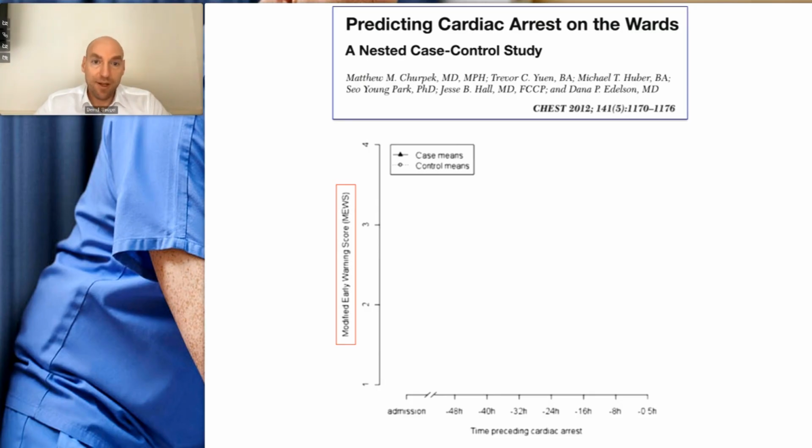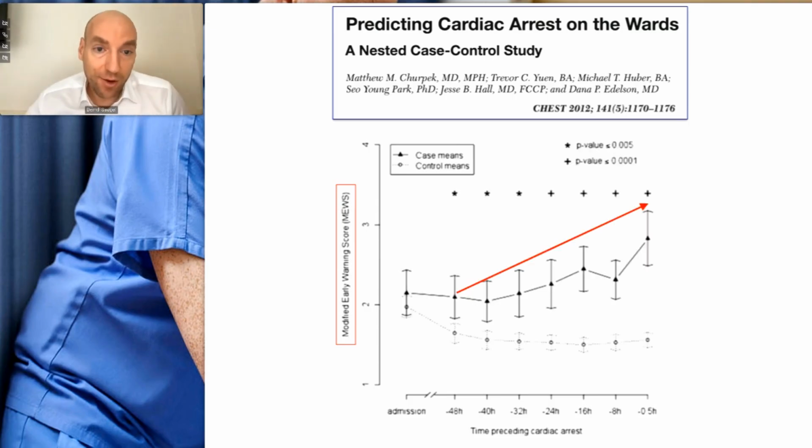any other reason. If we here look at a figure analyzing patients who had cardiac arrest on a general ward, and this is a case control study comparing those patients who had a cardiac arrest to patients who did not have a cardiac arrest, and we look at a modified early warning score on the y-axis, you will see that there is a difference between patients who later do or do not develop cardiac arrest.